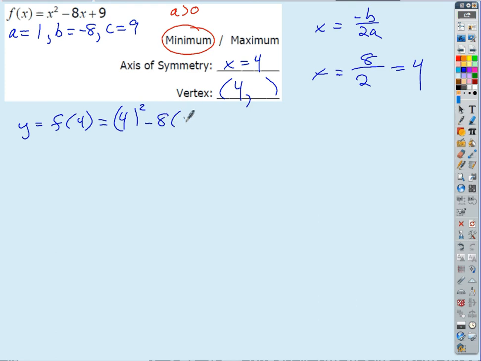So I get 4 squared minus 8 times 4 plus 9, well, what's that give me? 16 plus 9 is 25, minus 32. 25 minus 32, negative 7. Okay? Good? No big deal.